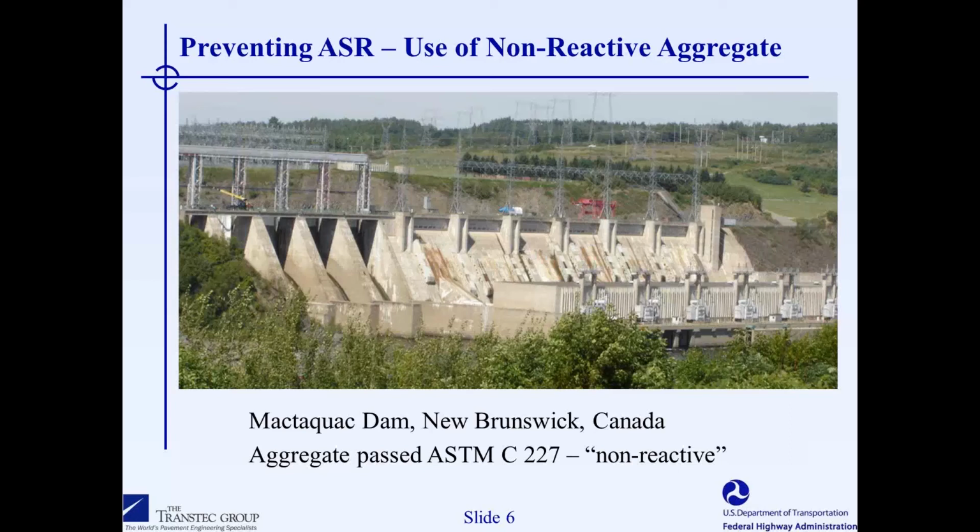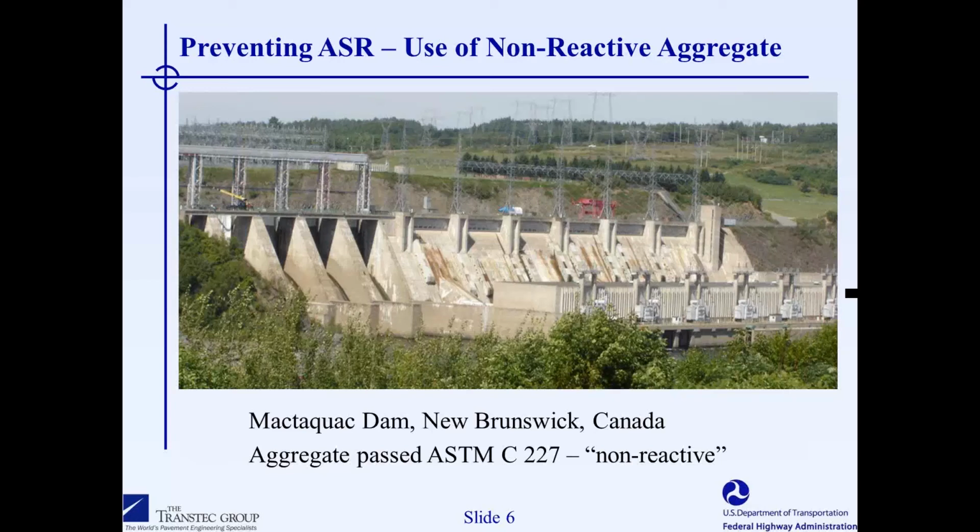And one of the structures that kept popping up last week as an example of ASR was this dam here, the Mactaquac Dam in New Brunswick, Canada, which is only about 15 miles away from me as I sit here in my office. The aggregate that was used for this structure did in fact pass the current tests that were in vogue at the time, which was ASTM C227 and also ASTM C289, if people are familiar with their test methods.